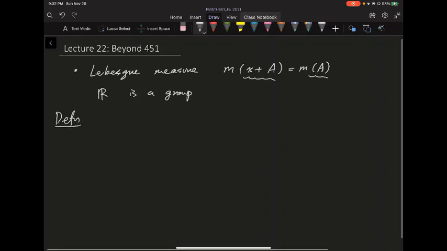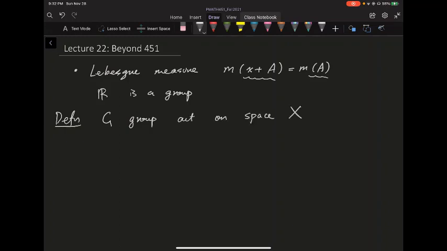Suppose I have some group G. Instead of the reals, let's think about the group G, and it acts on a space. Usually we assume it has some topology, but it's just a set X. A group action is basically defined as a map where each g will act on X. The classical one is basically the real line, which you think about as time, and X is, for example, how the stars move around each other.